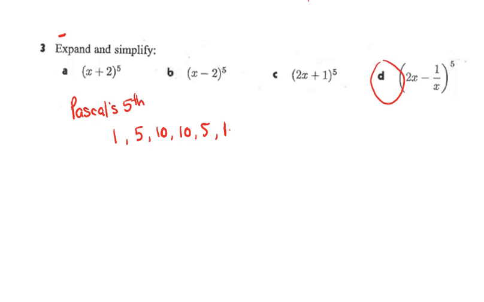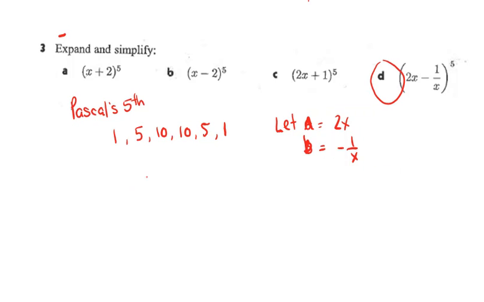Before we start, let's make sure we switch this to an A and a B type system. So we're going to say let's make those lowercase, let A be 2x and B be negative 1 over x. Okay, so we're going to start this way. So when we write this out, we have our coefficients there, which are a 1.